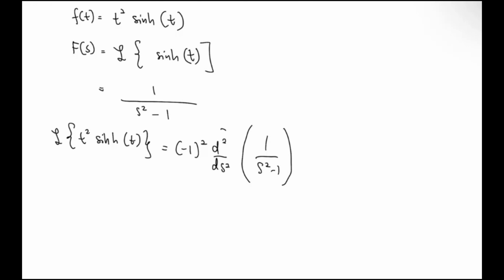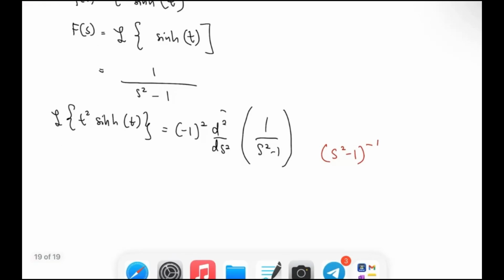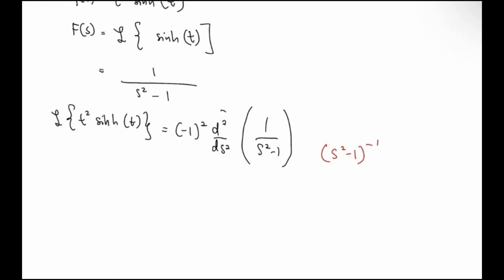So you need to differentiate 2 times. You need to find the second order derivative of 1 over s squared minus 1. So let's rewrite this function as s squared minus 1 to the power of minus 1. So differentiate first time. Minus 1 squared is positive 1.